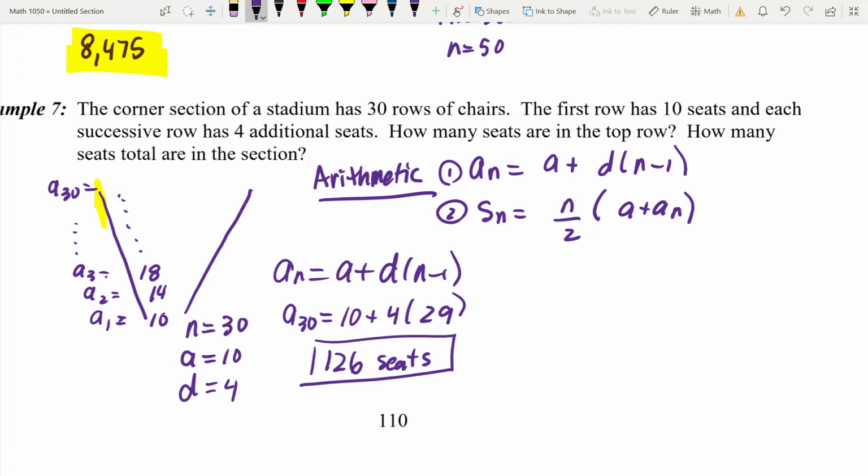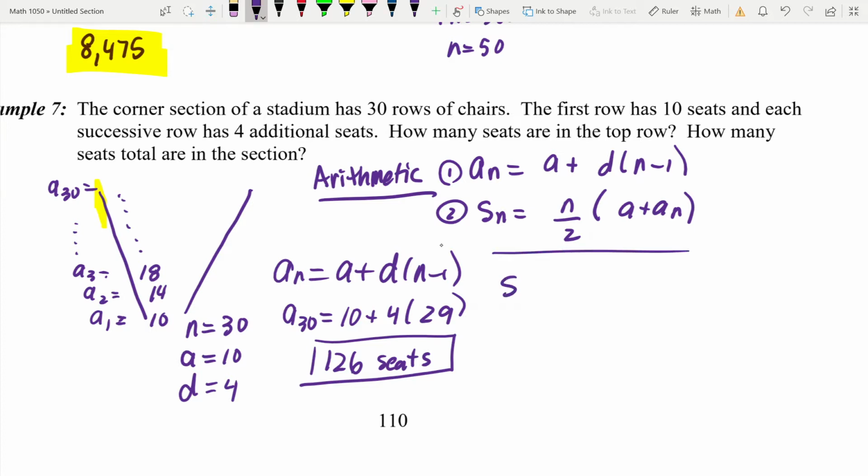If they wanted to know all the seats, that would be equation 1 or equation 2? Adding them up: row 1, row 2, row 3, all the seats. So I'm only halfway done. Now I'm going to use this formula.